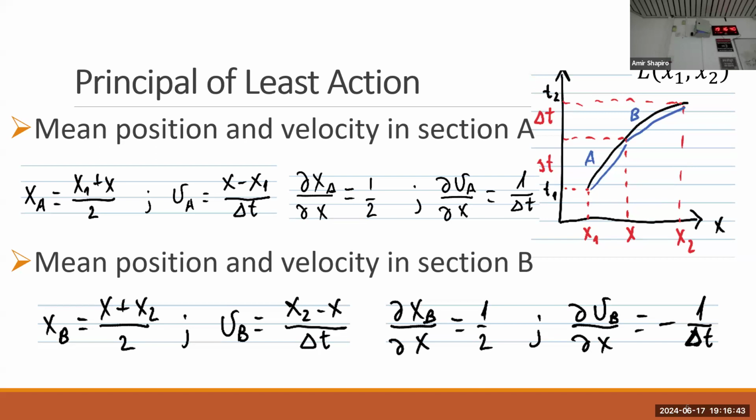Now we can take dxa to dx. dxa to dx is simply x over 2, it's half here. dva to dx is x over delta t, so it's 1 over delta t.